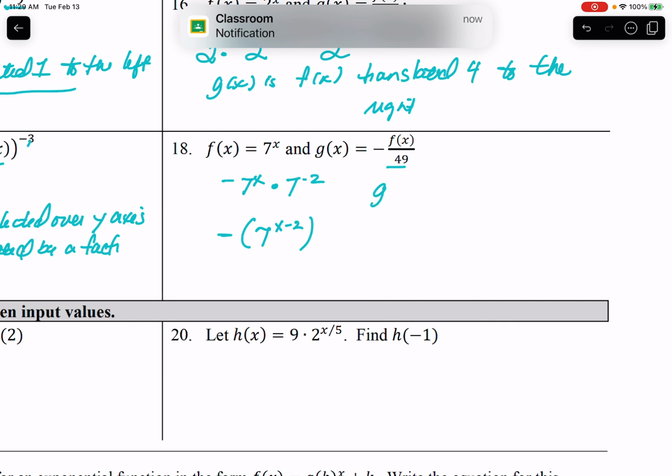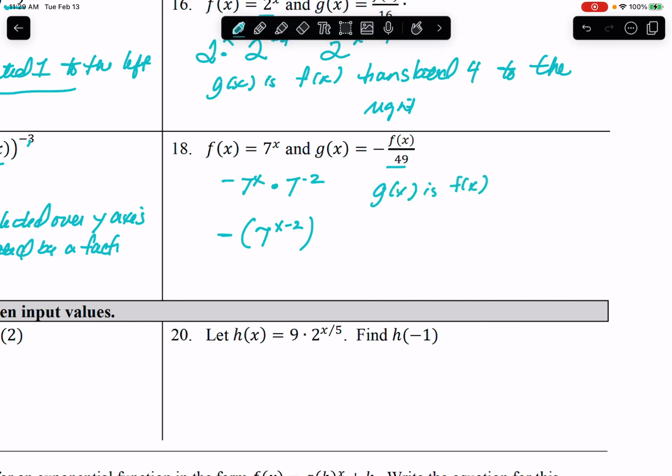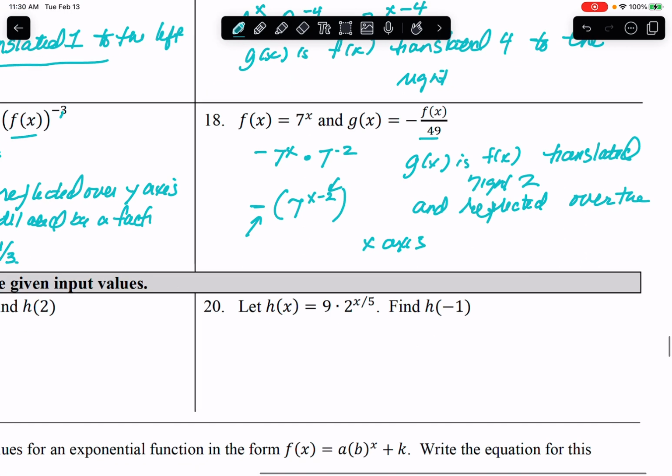We have g of x is f of x. First, it would be translated right 2, and then reflected, this time over the x-axis. Okay, so there were some transformations.